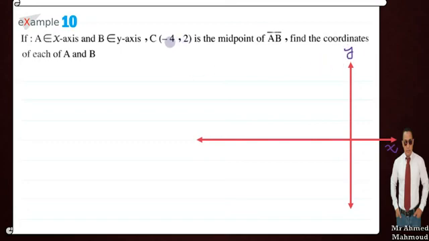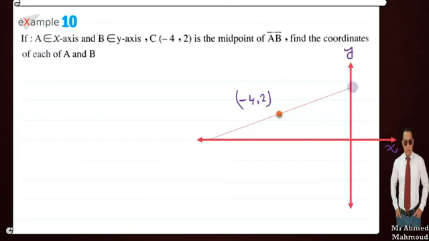Okay, the point C, negative 4 and 2, exists here in this position. So I will draw a line segment like this. C equals negative 4 and 2.